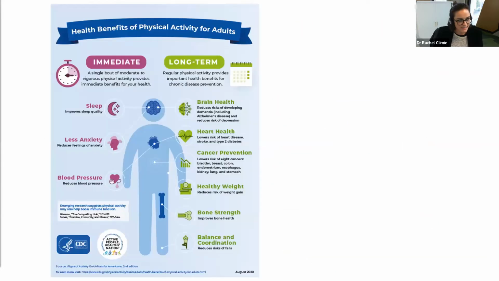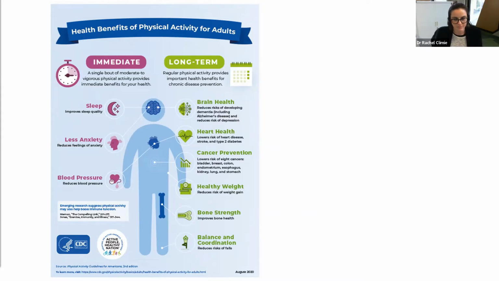So in particular, we know that exercise is very, very beneficial for pretty much every one of our systems in our bodies. If we engage in regular activity, it's beneficial for our brain health, our heart health, to prevent things like cancer or diabetes from developing.